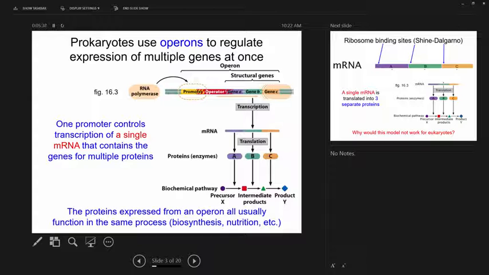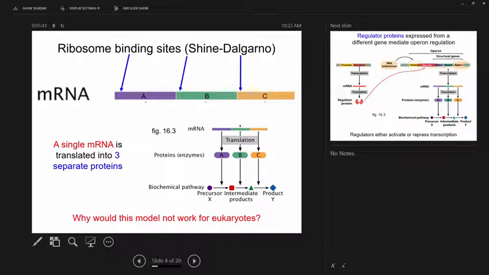So how is this accomplished? It's from what we talked about before. In the messenger RNA that's made, you would separate the 3 genes by having at the beginning of each one 3 different ribosome binding sites. There's a ribosome binding site here, one here, and one here.